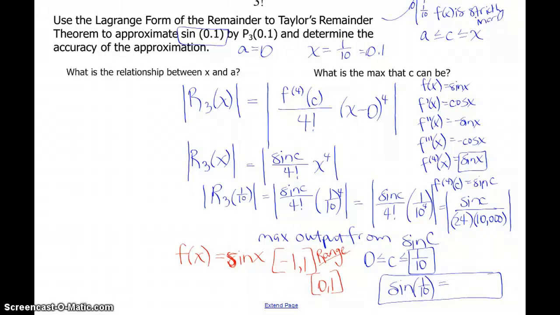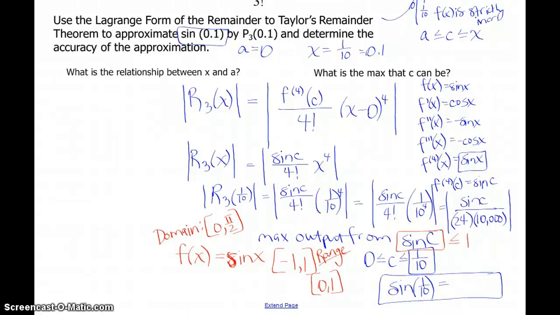And I know that the domain values that are going to give me that are 0 to pi over 2. And so on that interval, and I recognize pi over 2 is much bigger than 1/10, but on that interval, what is the maximum value that the sine of c could be? And the maximum value that it could be for any input value is 1. It will always be less than or equal to 1.